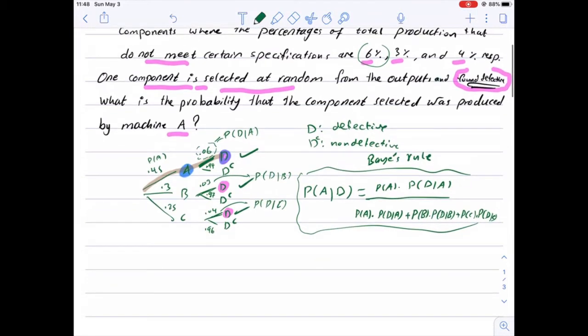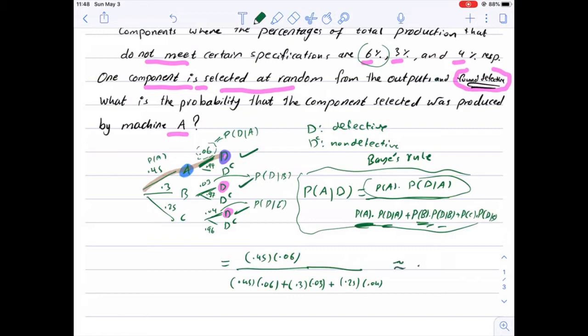Now if we want to compute this, the branch of interest is 0.45 times 0.06, divided by probability of A times probability of D given A, which is the same, plus probability of B times probability of D given B, which is 0.3 times 0.03, plus probability of C, which is 0.25, times probability of D given C, which is 0.04. Now computing this, we get approximately 0.58.